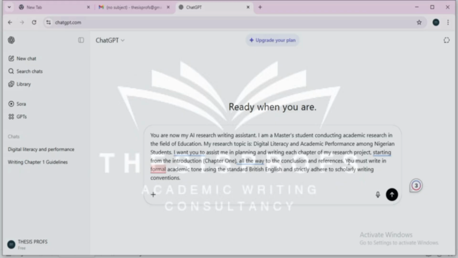So I'm also going to say, as we proceed, I will give specific instructions and prompts for various sections.